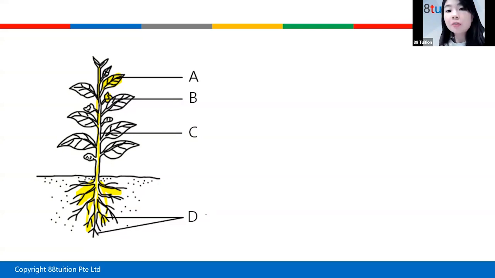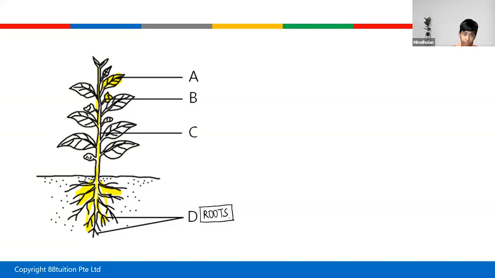Zixing, what is part D of the plant? Roots. Very good. Now, we have two functions of the roots that you need to know. Miru, can you tell me the first function of the roots? It absorbs water.